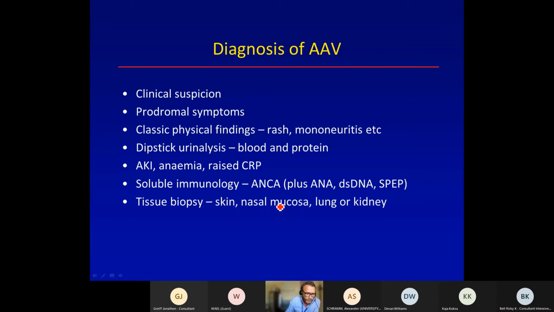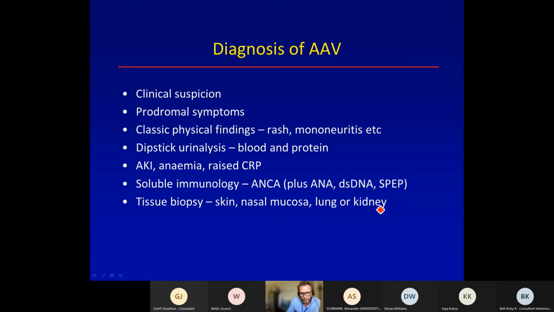Nasal biopsy, again, if you can get an ENT surgeon, is relatively straightforward to do, but again, not always diagnostic. You don't always see granulomas, and often you just see non-specific inflammation. Lung biopsy, again, is helpful, but dangerous, and certainly somebody with respiratory failure is not going to get a lung biopsy done.